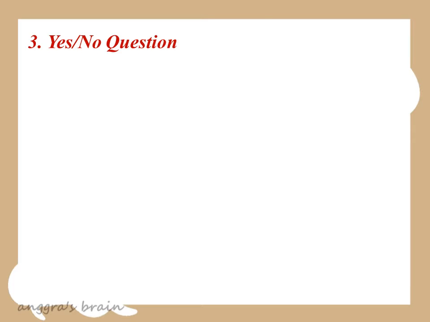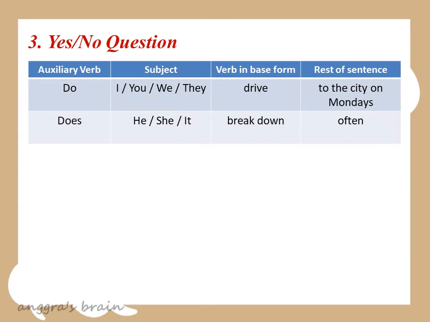The next one is yes/no questions. I also have a table for you, and this time the table will be divided into 4 columns. In yes/no questions, the auxiliary verb is written at the beginning of the sentence.